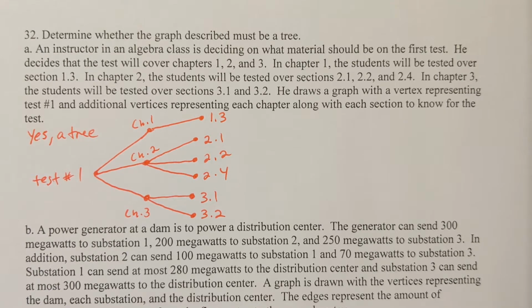In chapter 2, the students will be tested over sections 2.1, 2.2, and 2.4. In chapter 3, the students will be tested over 3.1 and 3.2. He draws a graph with the vertex representing test 1 and the additional vertices representing each chapter along with each section to know for the test.